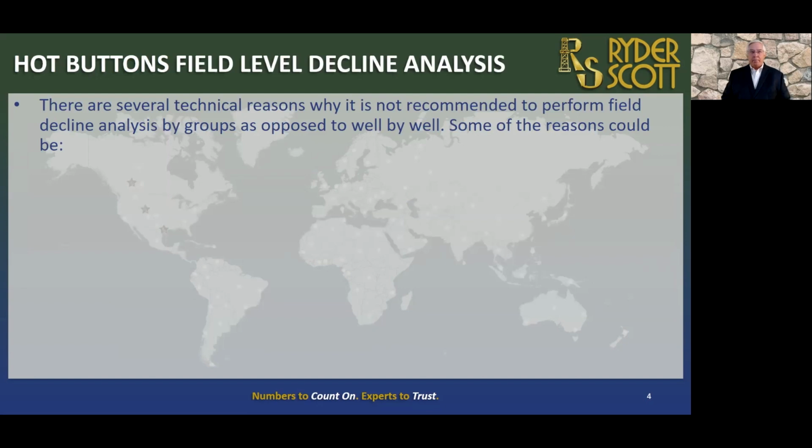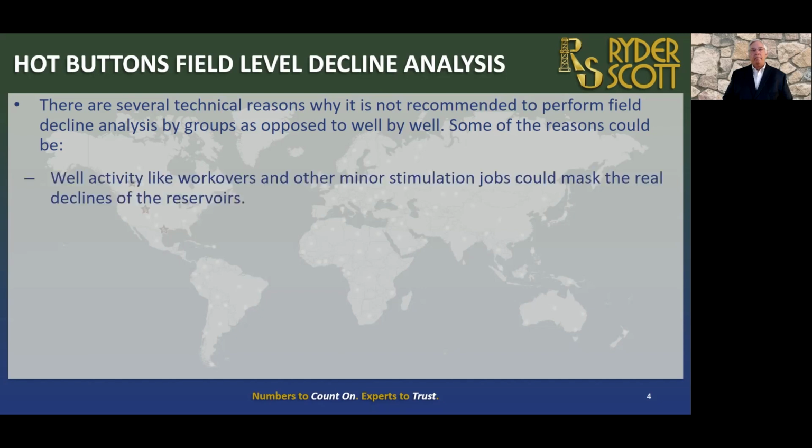Well, there are several hot buttons when we talk about the water-oil ratio method and why it is not recommended to perform field decline analysis by groups as opposed to by well. Some of these reasons may be well activity like workovers and other stimulations could mask the real decline of the reservoir.